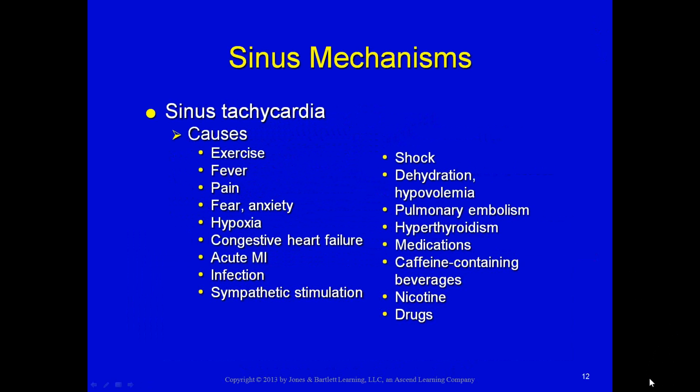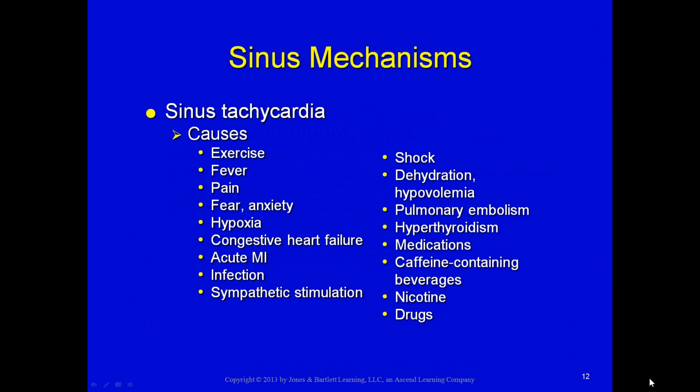When you stimulate that sympathetic nervous system that we talked about quite a while ago, the fight or flight nervous system, adrenaline, norepinephrine, and dopamine are released into your bloodstream, and all of those hormones cause an increase in heart rate, increase in strength of contraction, as well as some vasoconstriction, all in an attempt to raise your blood pressure or keep your blood pressure up. Shock will cause an increase in heart rate as a normal response to low blood pressure or low cardiac output. Dehydration, pulmonary embolism, hyperthyroidism.